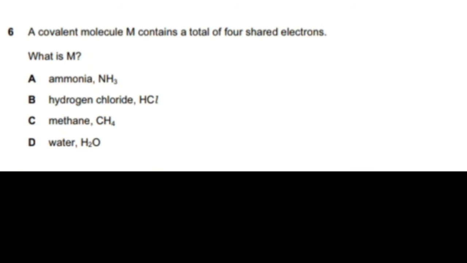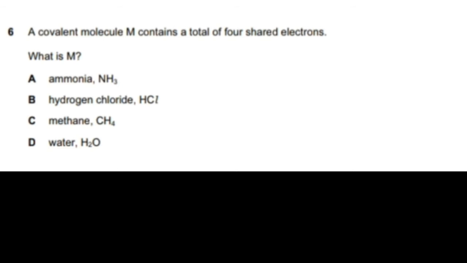Number 6. A molecule M contains 4 shared electrons. You have 4 different molecules. Which molecule contains 4 shared electrons? The correct answer is H2O. Oxygen and 2 hydrogen share one pair of electrons each.